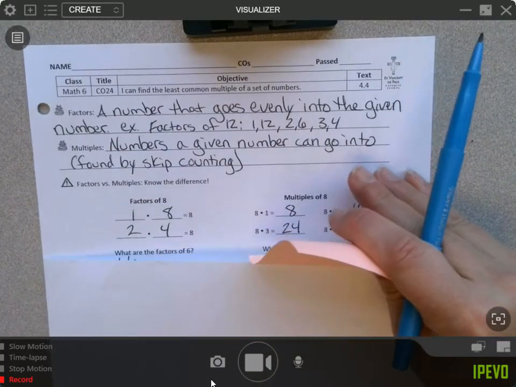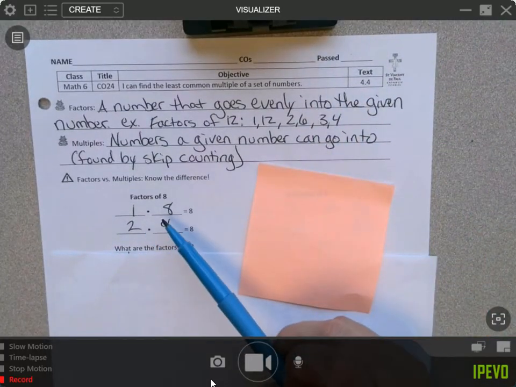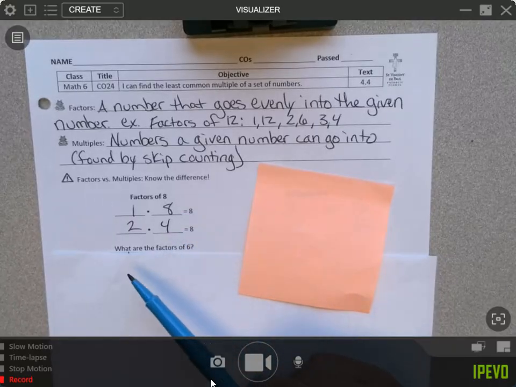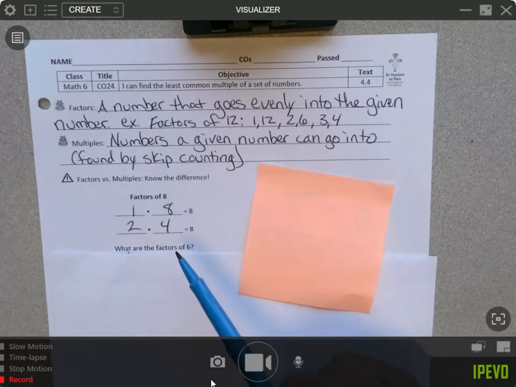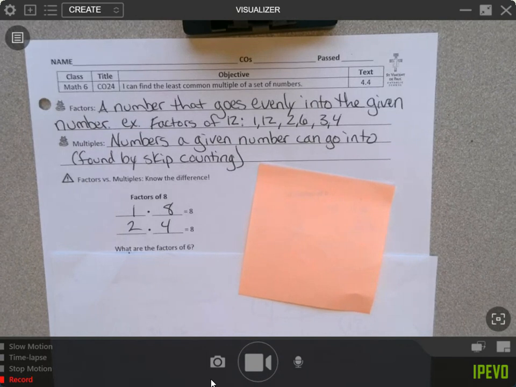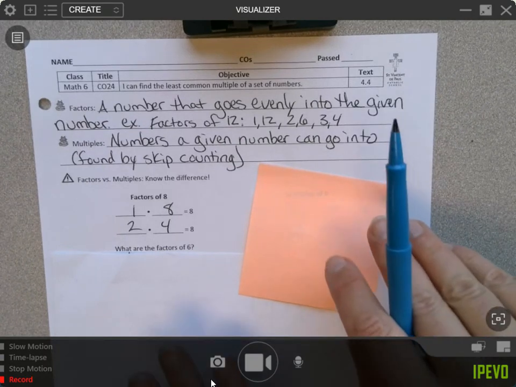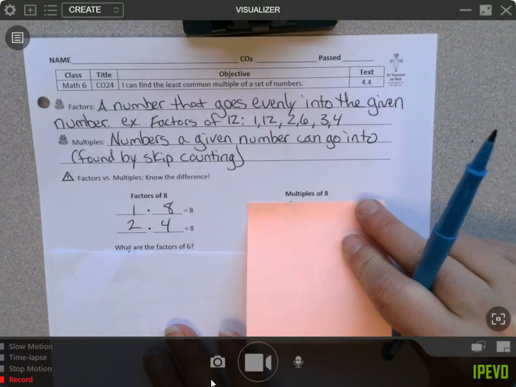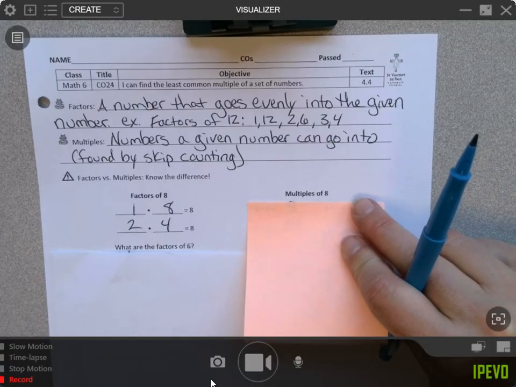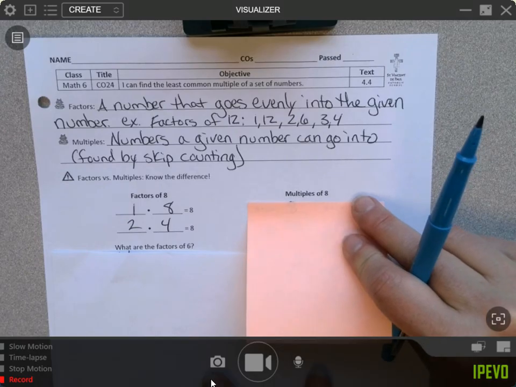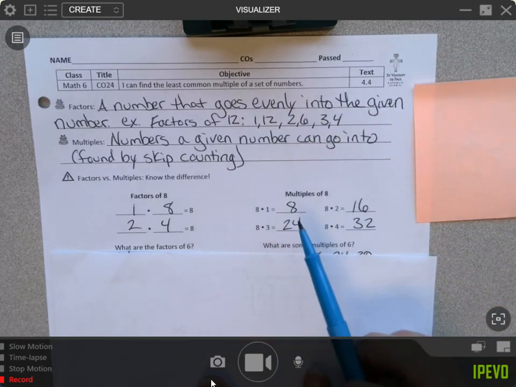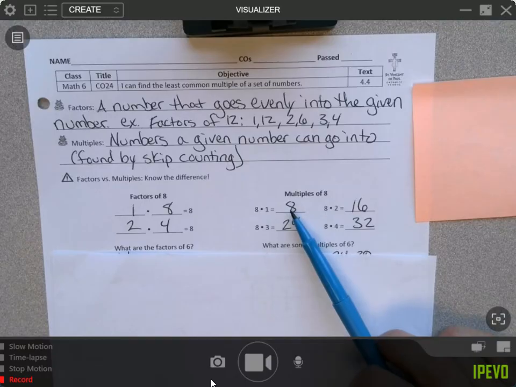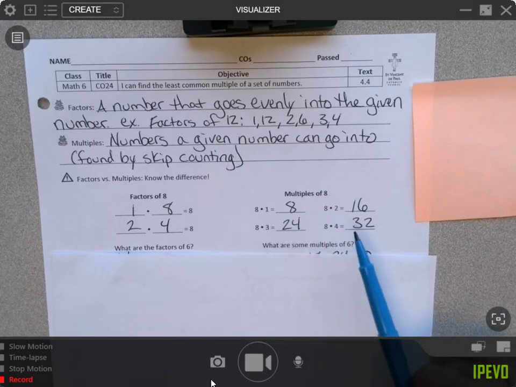So factors of 8 would be 1 times 8, 2 times 4. Those are our factors, the numbers that we multiply to get to 8. That is different than our multiples of 8. For multiples of 8, we are going to skip count by 8s: 8 times 1, 8 times 2, 8 times 3. So multiples of 8 would be 8, 16, 24, 32.